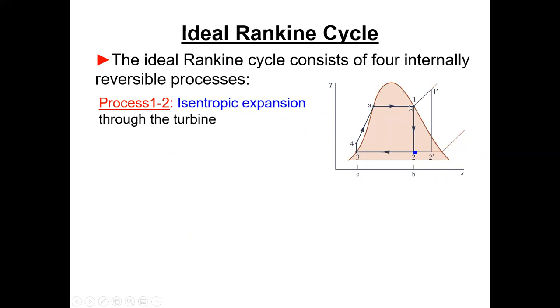One of the big benefits of superheating is this. And remember, this is an isobar, a line of constant pressure. So we have the same pressure from 4 up to A, over to 1, and even up to 1 prime and on up this line.